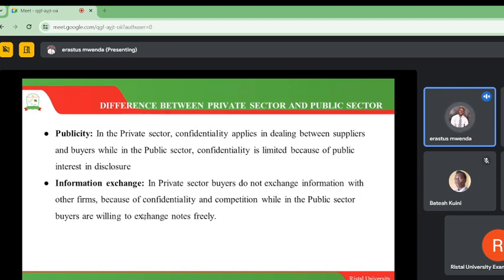If I know, for instance, today you have quoted like $1,000 or 1 million US dollars for delivering of some goods or some services, then I could decide, let me quote a lower amount and see if I am going to qualify. But we are saying in the public sector, buyers are willing to exchange notes freely. That's a very, very interesting difference.